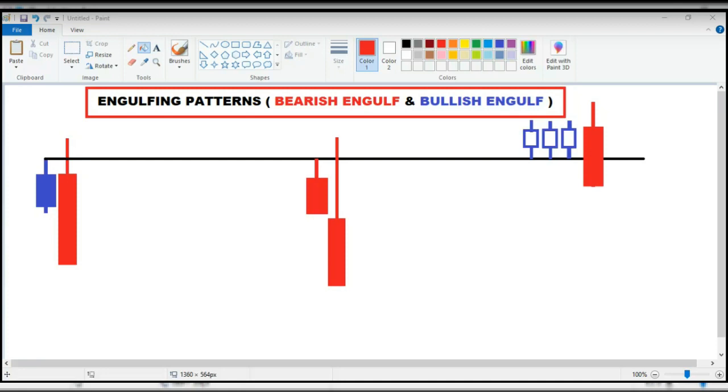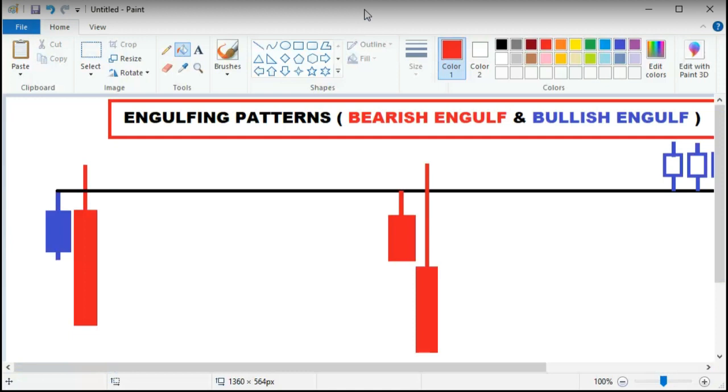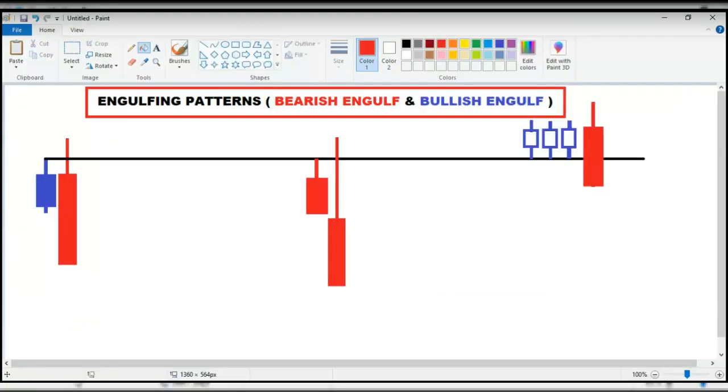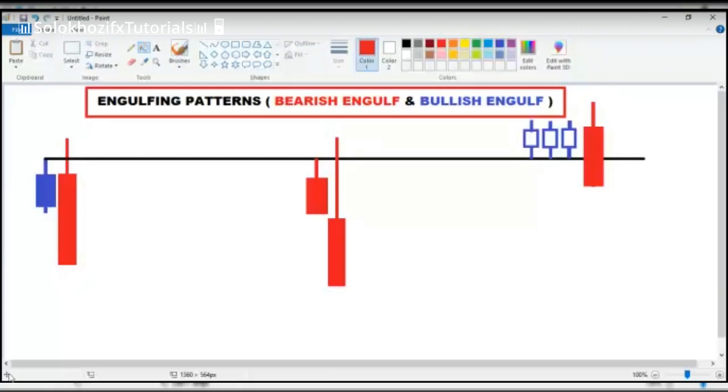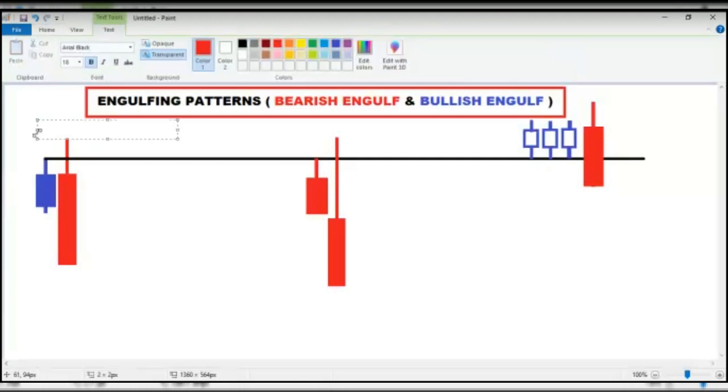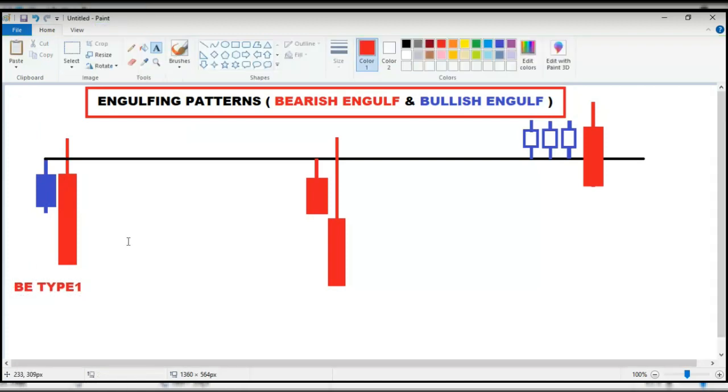So here we've got 3 types that we're going to look at. These are the main types. We've got 3 types of the engulfing patterns. So this is type 1, the PE type 1, bearish engulfing type 1.